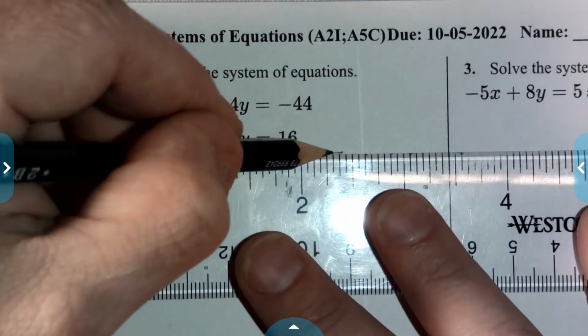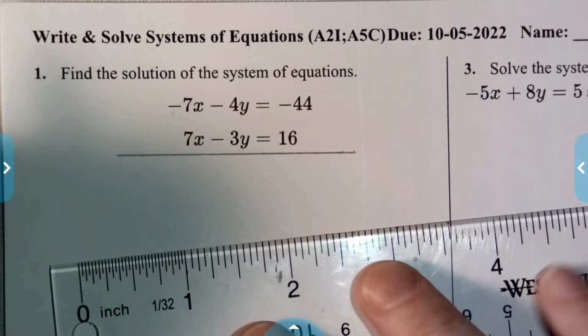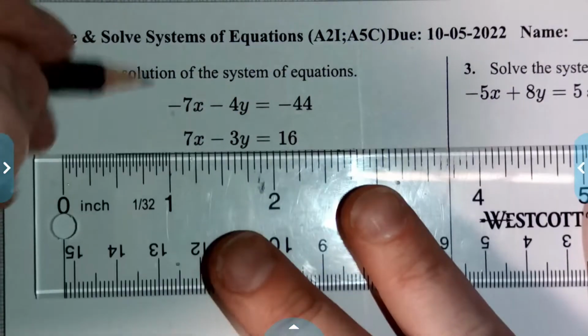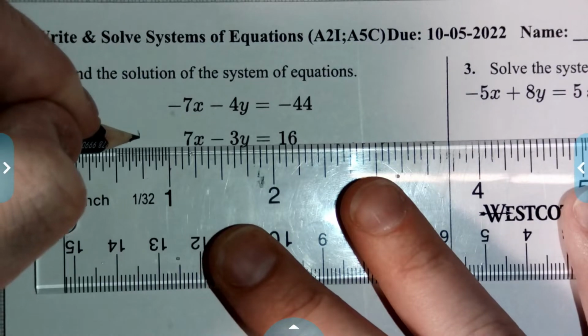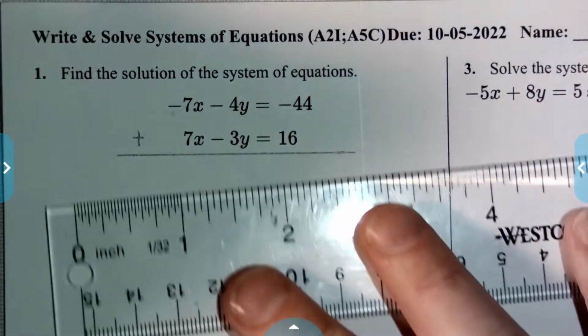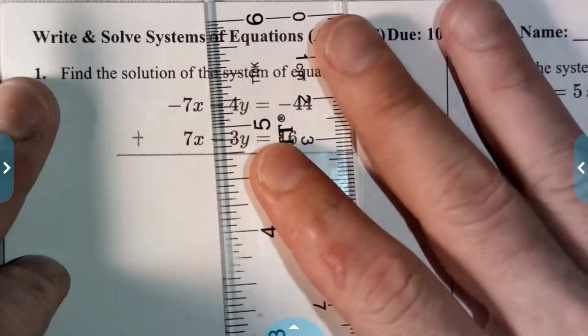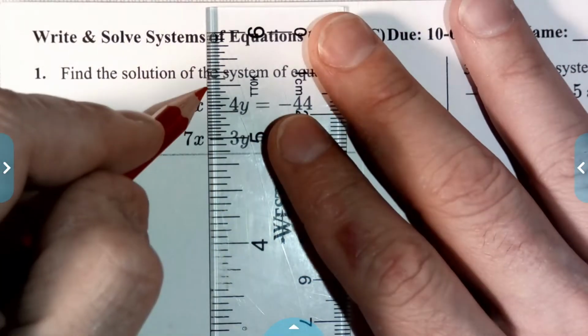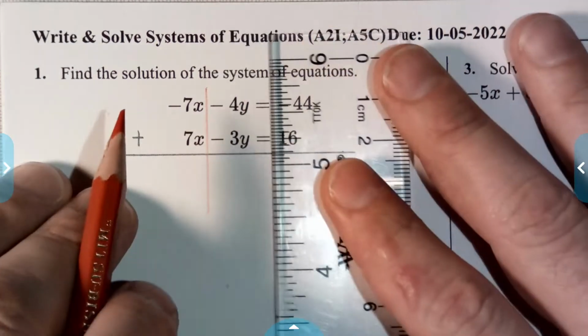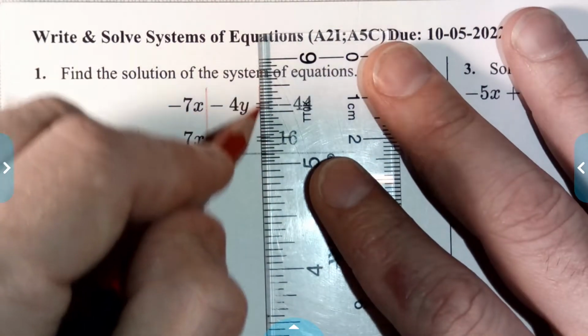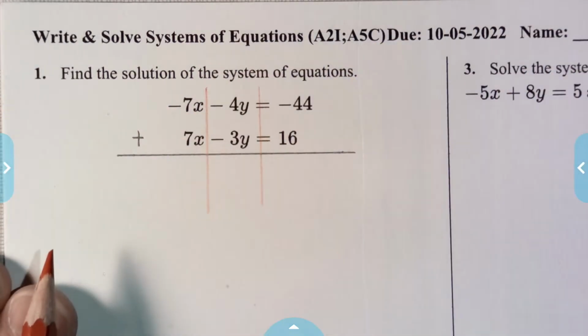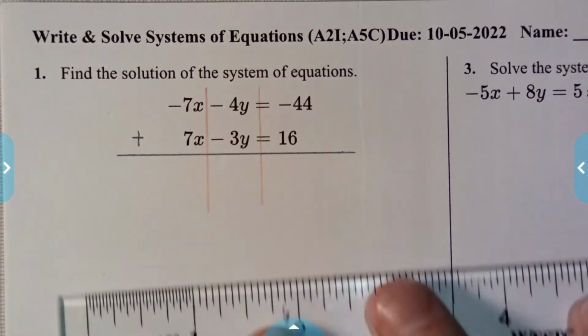If I just draw a line underneath these 2 equations and then put a big plus symbol here, what I like to do is to separate these out into columns. This seems to help students a little bit.